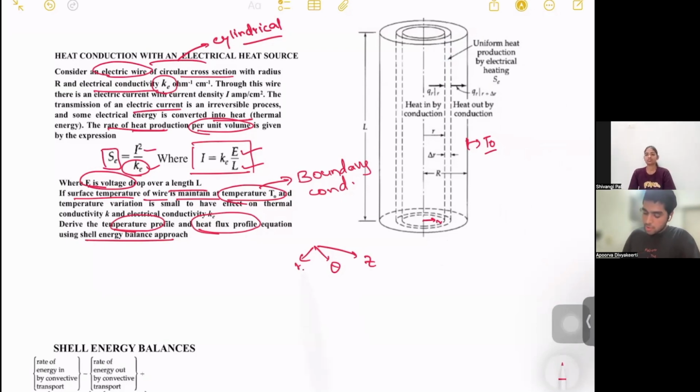And now we have to see in which of these three the temperature varies. First we'll see z. In the question we have been given uniform heat production by electrical heating. This indicates that temperature is not changing in z.